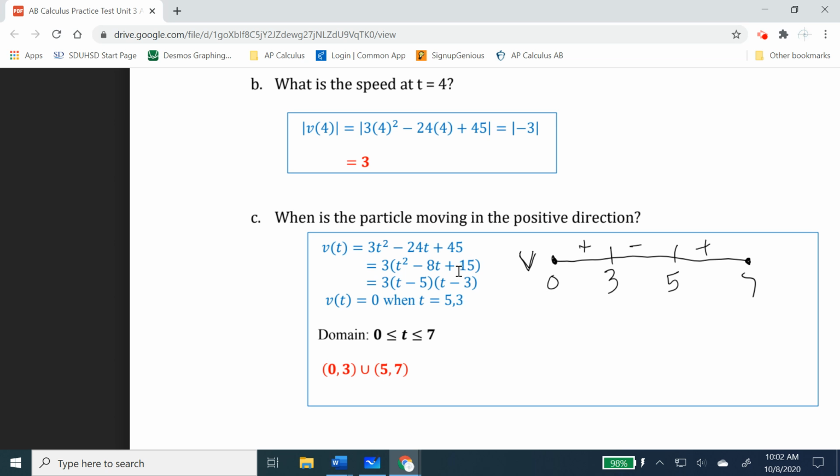Anytime between 0 and 3, plug it into velocity, see if you get positive or negative. And that tells me that I'm, for 3 seconds, moving to the right, for the next 2 seconds moving left, and then the next 2 seconds moving to the right.